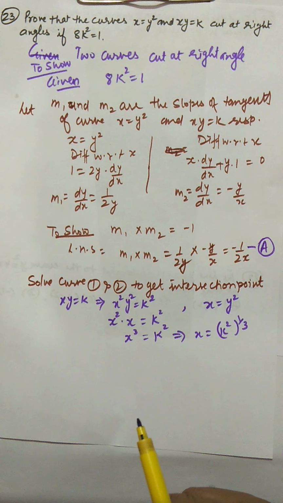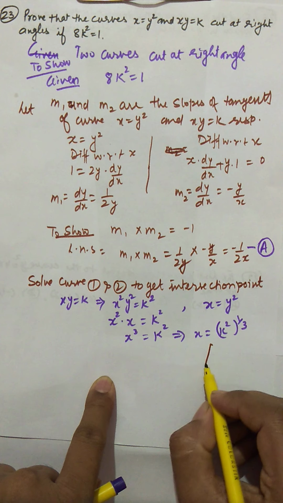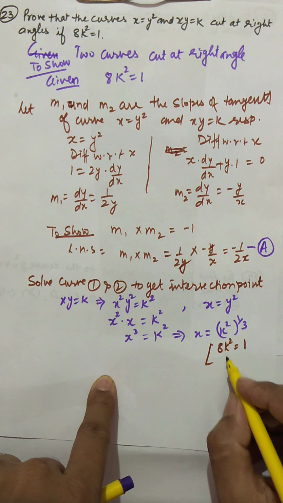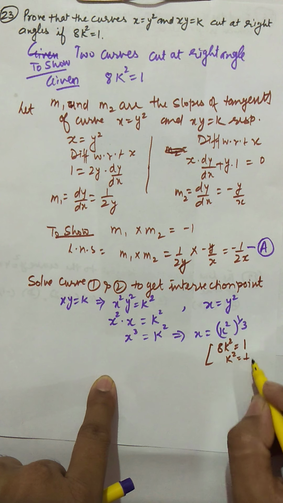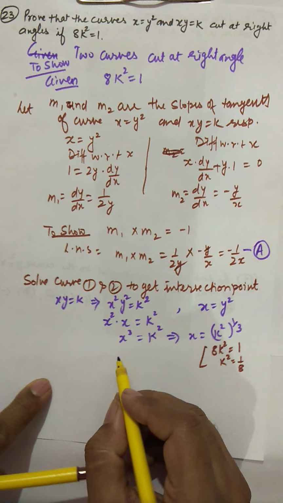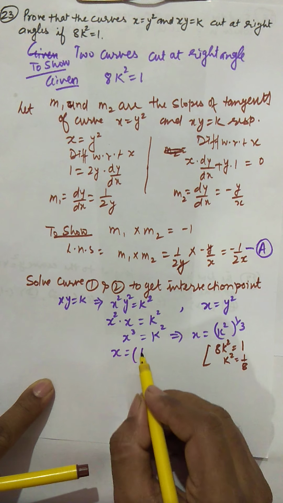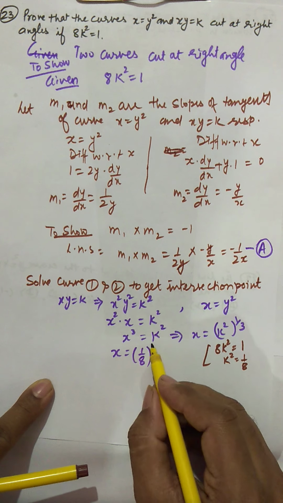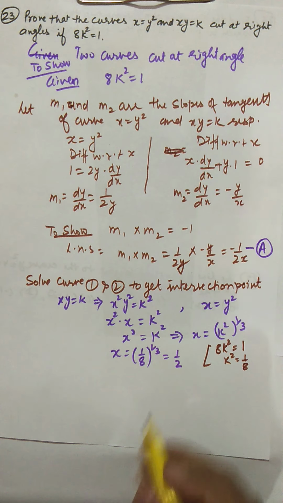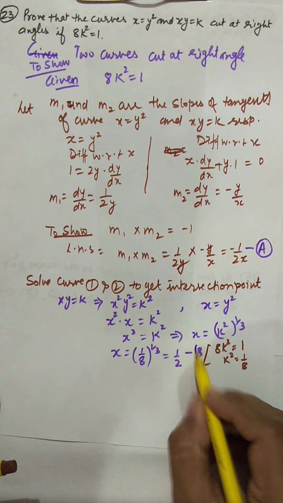But now one more piece of information that you have been given, I am writing it here: 8k square equal to 1. So from here k square will be equal to 1 by 8. That value you can substitute at this point for x. So x will be 1 by 8 to the power 1 by 3, so this is going to be 1 by 2. Let's say this is your b.